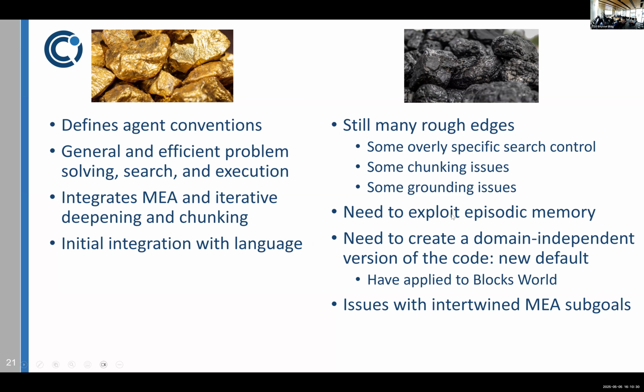We need to exploit episodic knowledge, and we need to create a domain independent version of the code so that somebody not using Thor-Soar can use all the conventions we've developed for their own new task. I have ported this to the blocks world just to test out Sussman's anomaly, and we do have Sussman's anomaly, so that's something to work with.